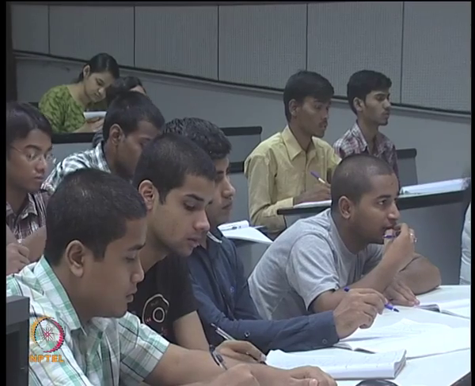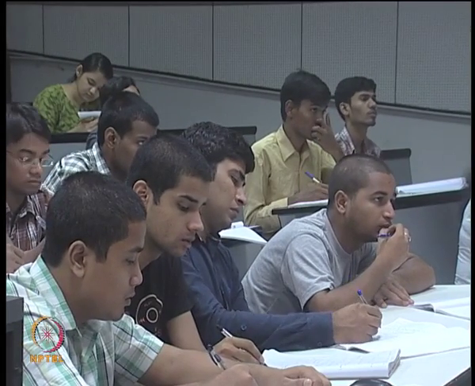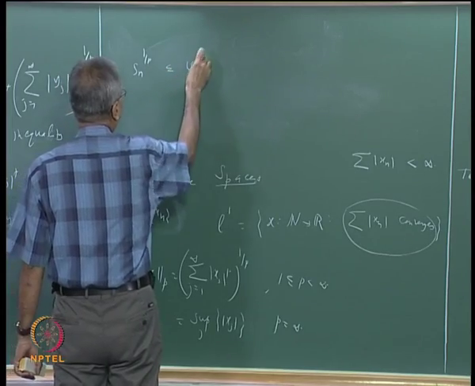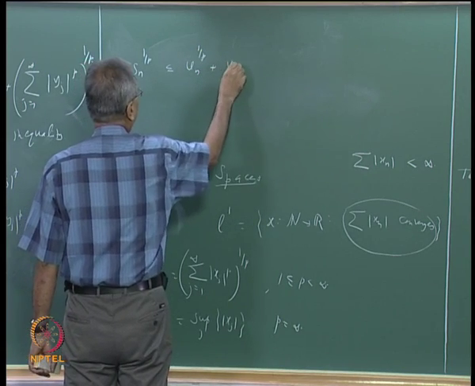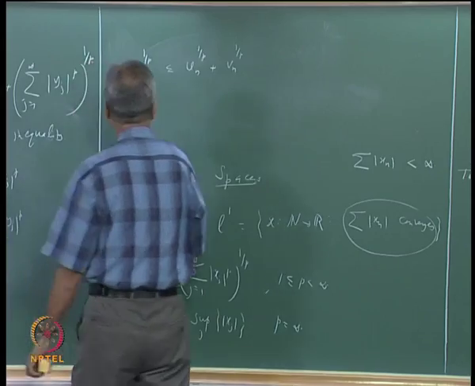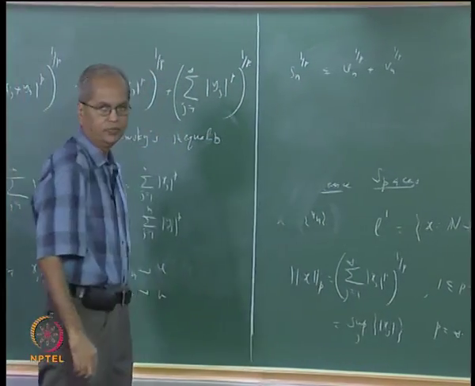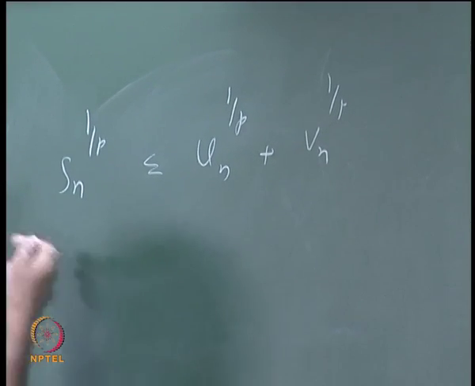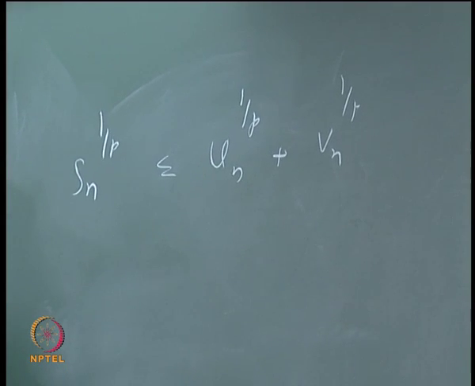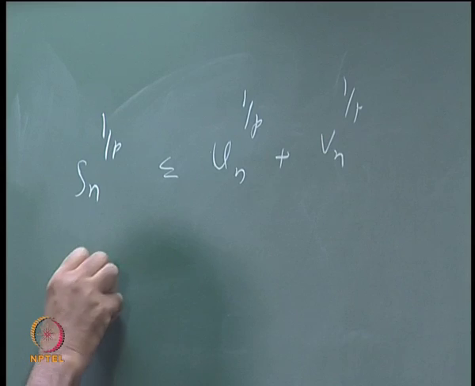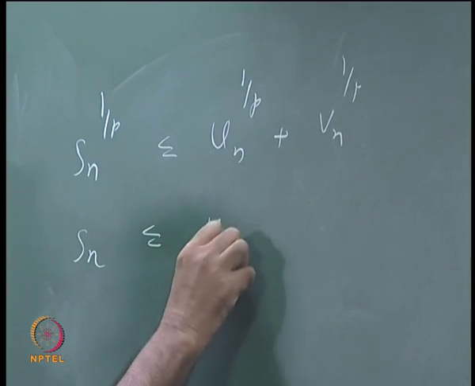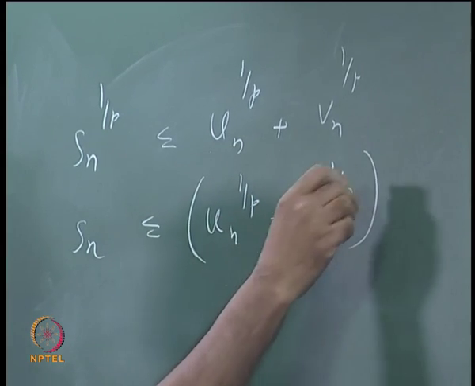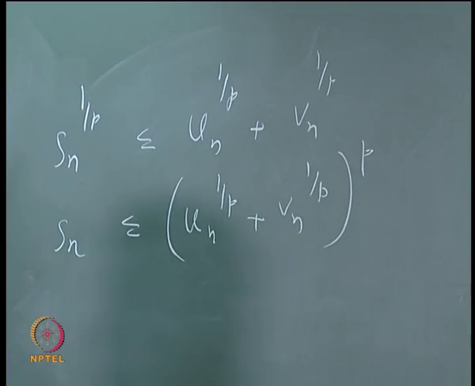So what we can say is that Sn raised to 1 by p is less than or equal to un raised to 1 by p plus vn raised to 1 by p. Or, taking pth power everywhere, Sn is less than or equal to un to the power 1 by p plus vn to the power 1 by p, whole thing raised to p.